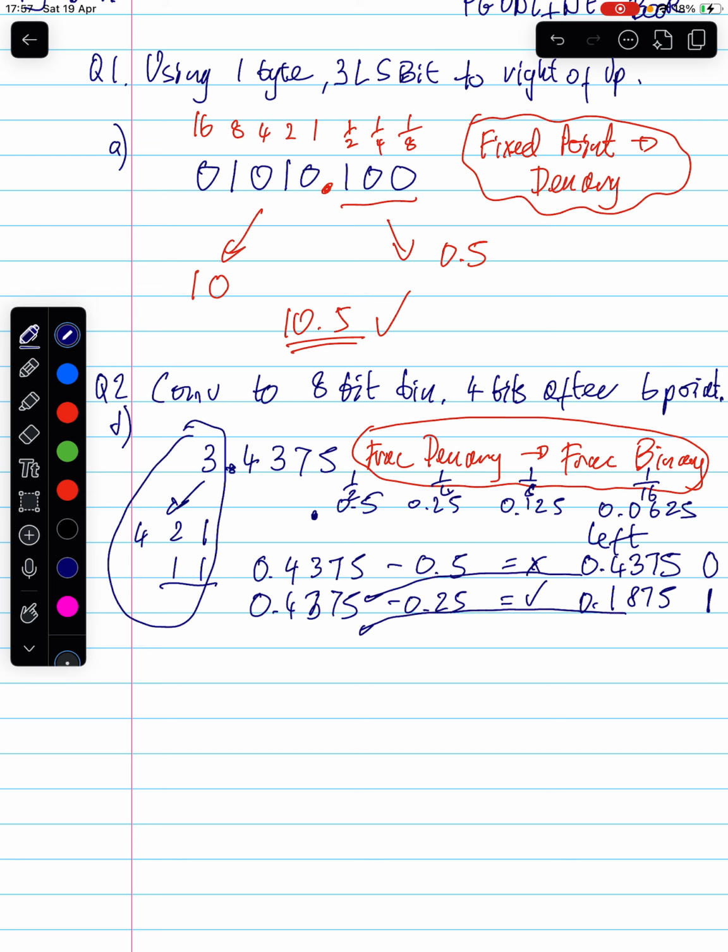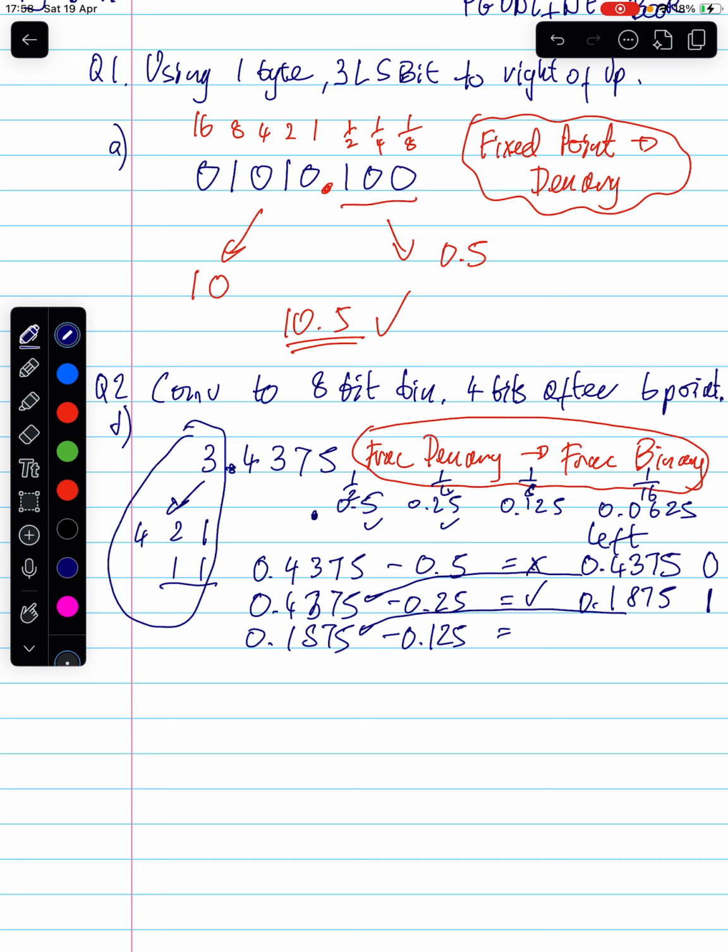Now we're doing 0.1875, and then we subtract 0.125, the next column heading. Some people may have used this method for converting denary numbers to binary. So we're just using it here for the fractional parts.